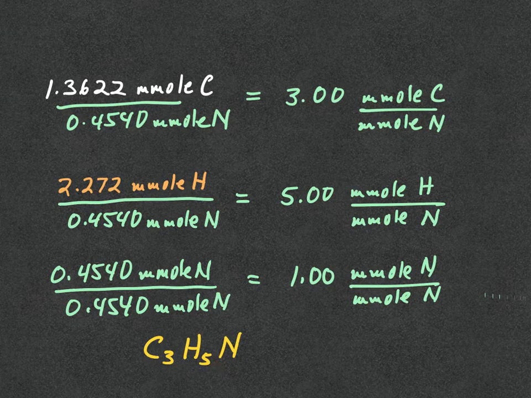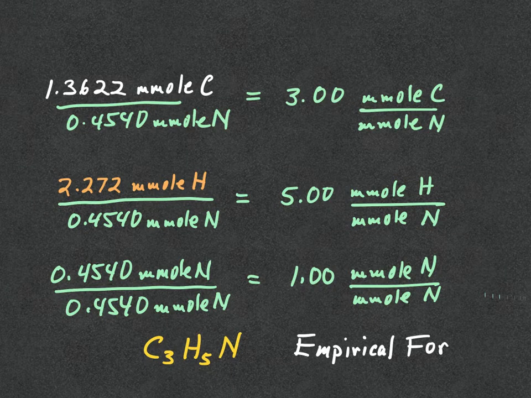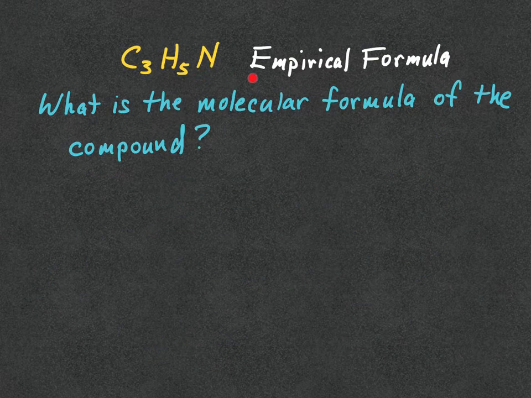We cannot simplify this anymore, and so that becomes our empirical formula. So that is how we approach finding an empirical formula. We found the empirical formula of the compound.